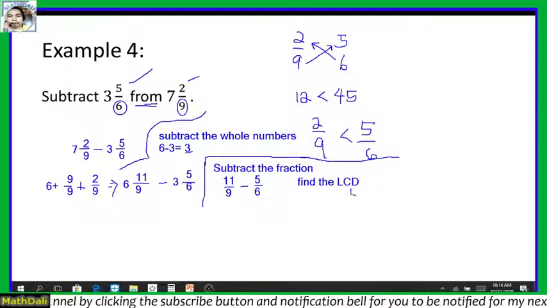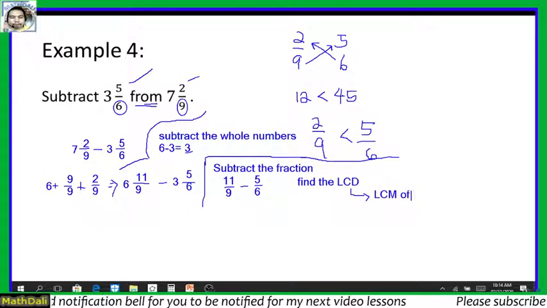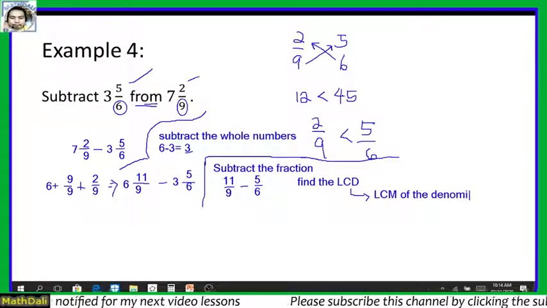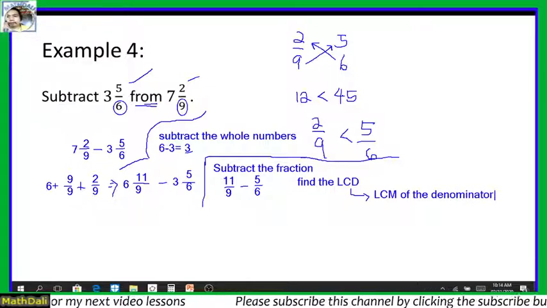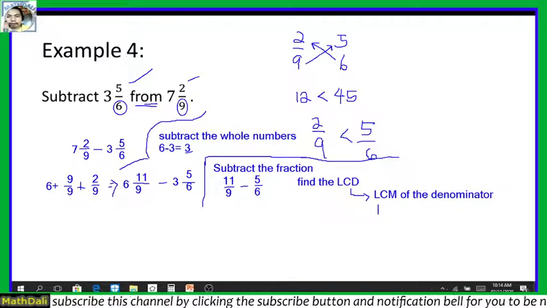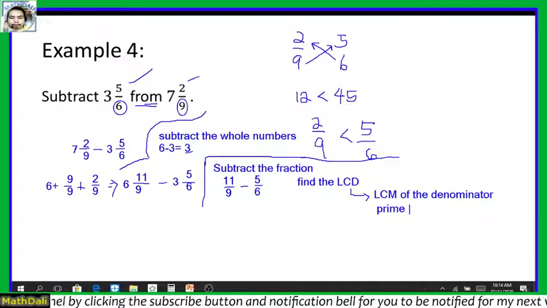Itong LCD na to, ito yung ating least common multiple ng denominator. Okay, so paano makuha yung ating least common denominator or the least common multiple ng denominator? Gagamit tayo ulit dito ng prime factorization.